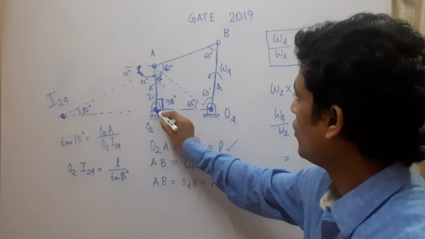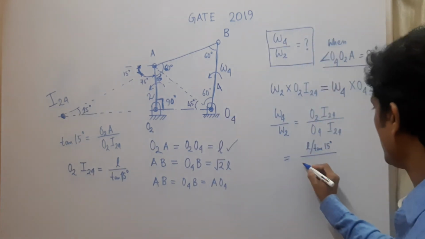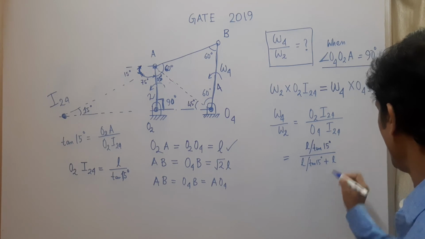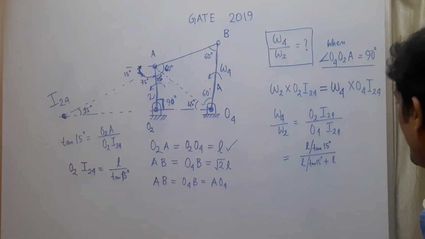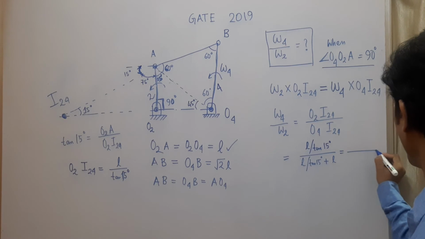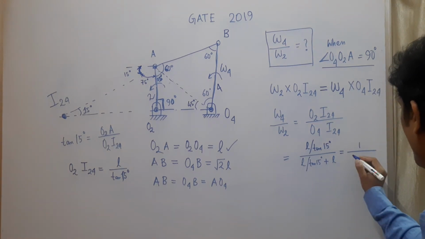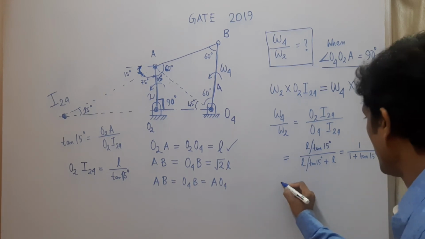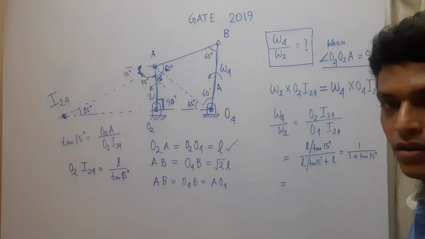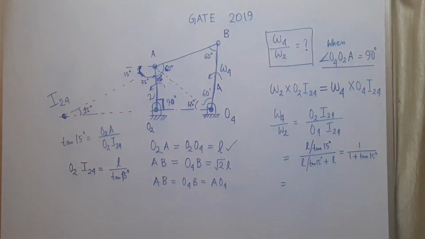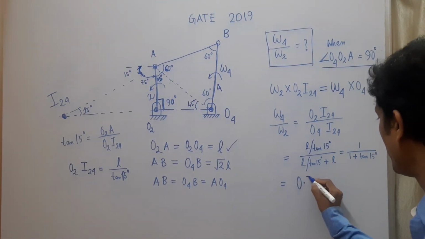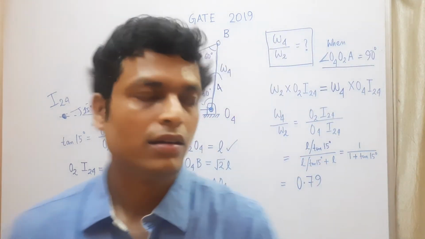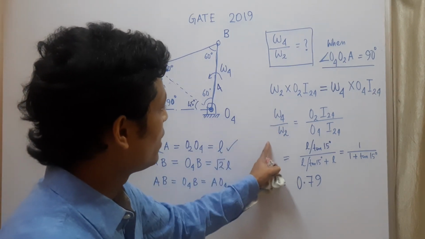That is O2 I24 plus L, so L by tan 15 degree plus L. So this becomes 1 by 1 plus tan 15 degree, and calculating it, this comes to 0.79. So we have determined the ratio between omega 4 and omega 2.